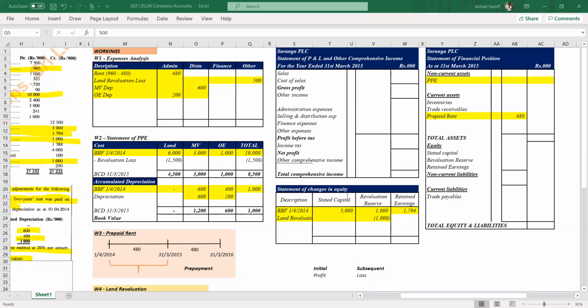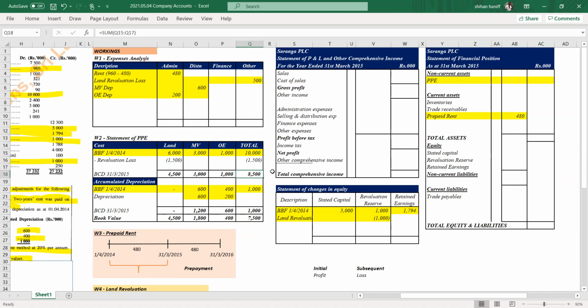What is the PPE balance? 8,300. 1,500. Yes, it's 8,500. Cost minus accumulated depreciation for each asset you have to take. So is it 8,500?